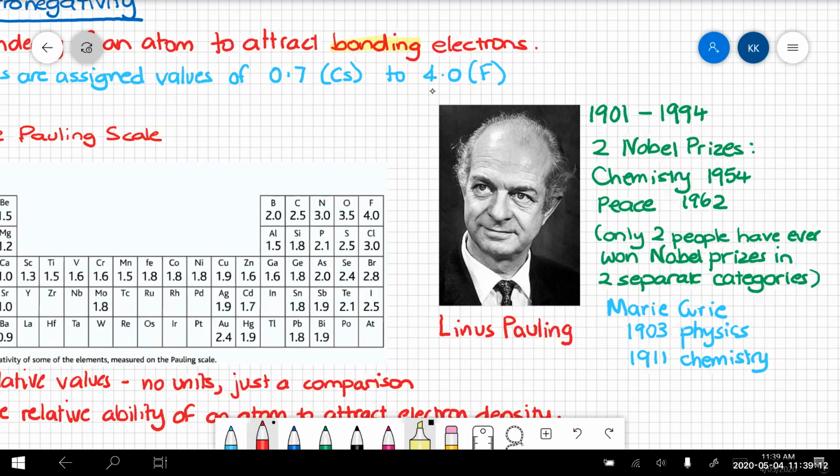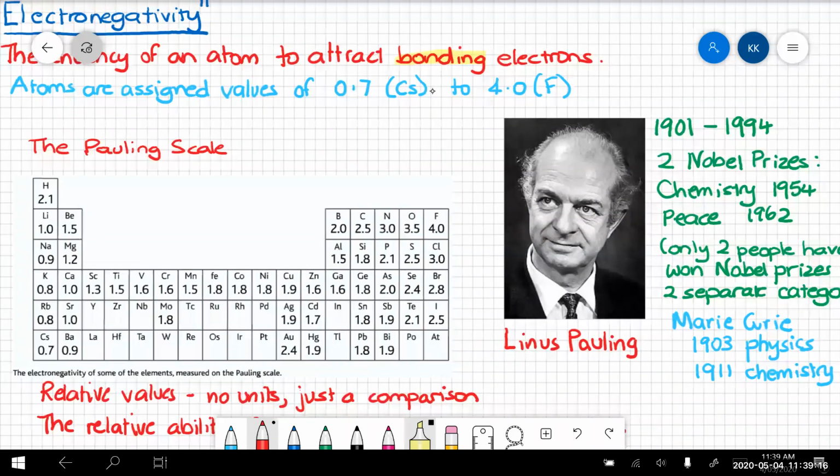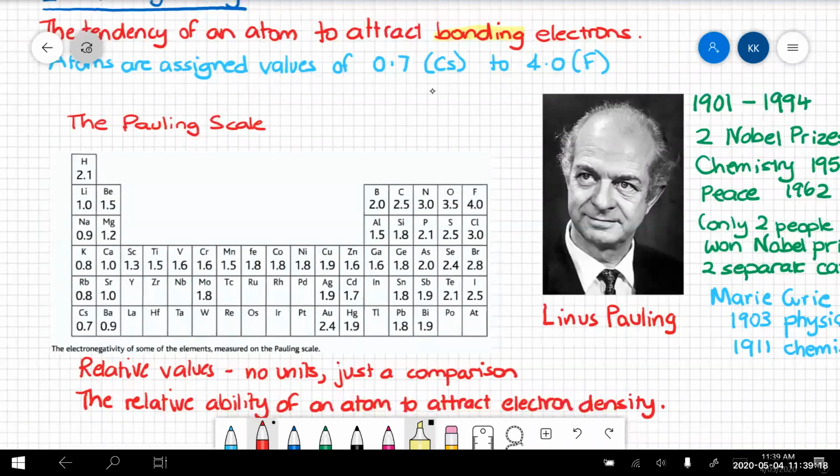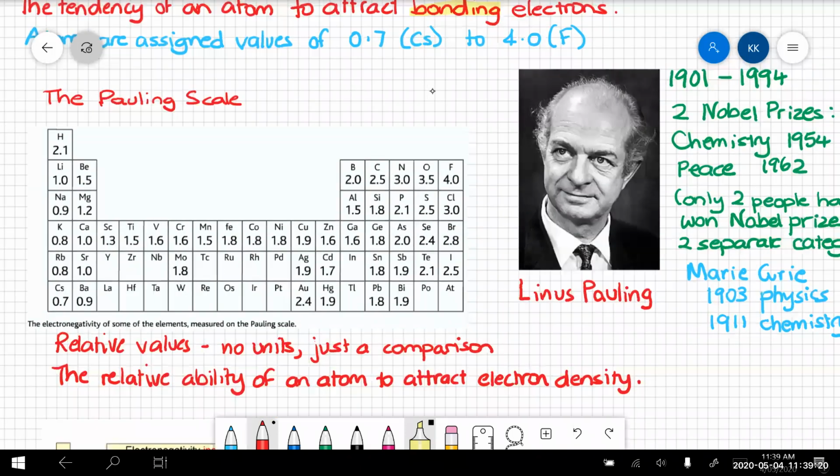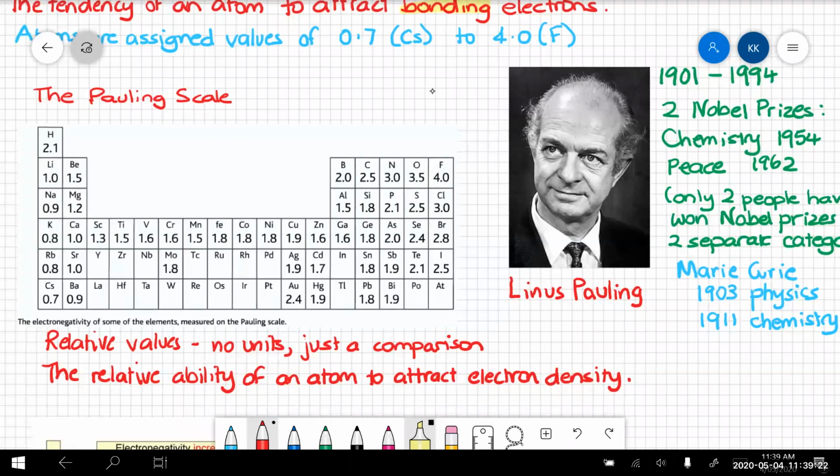So that's a bit of background on Linus Pauling. He's done quite a bit in the field of chemistry, and he's known for his work on electron pairs and on electronegativity. We can see the lowest electronegativity atom on the periodic table is cesium. So cesium has the absolute worst ability to attract bonding electrons.